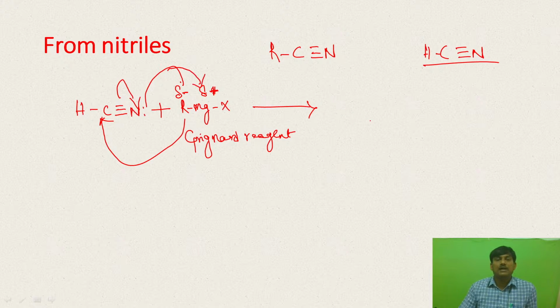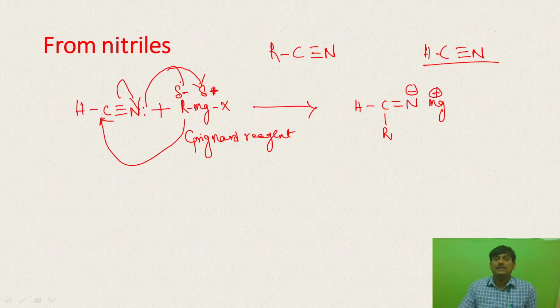So here there is a formation of hydrogen H. There is attachment of the alkyl group and a double bond, and this one has a negative charge, and here there is Mg plus X minus.